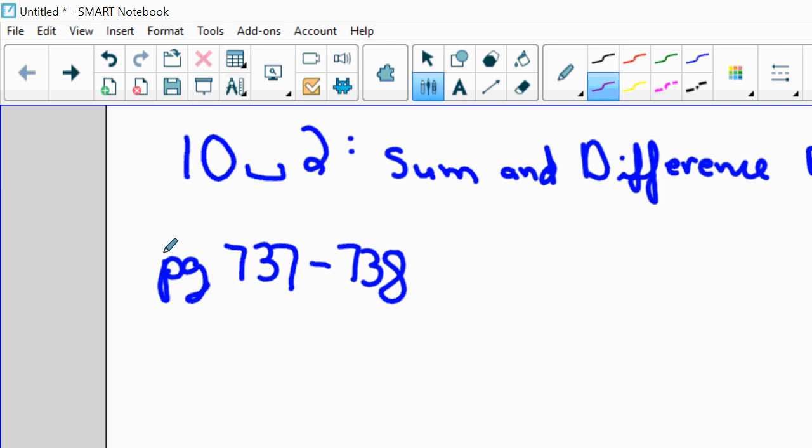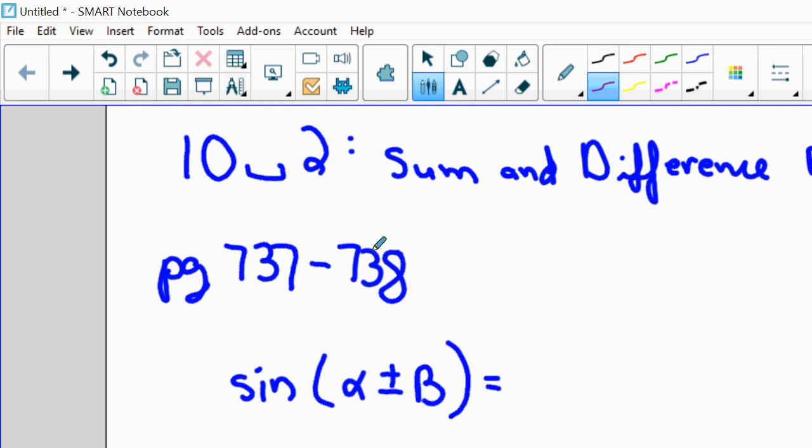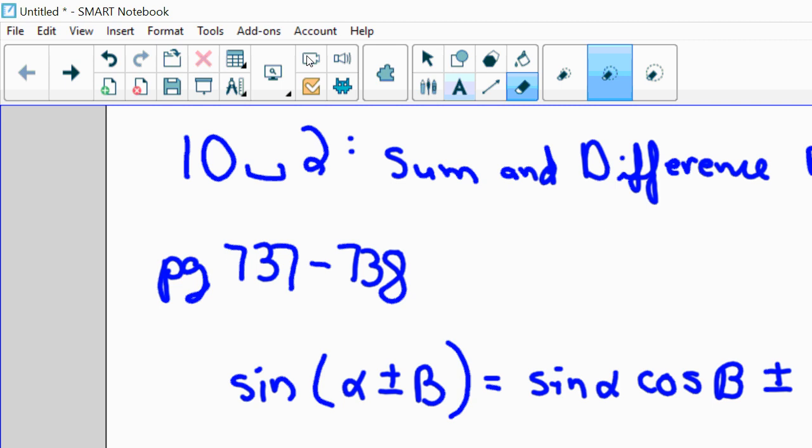So here we go. Sine of alpha plus or minus beta, these are two formulas, is sine alpha cosine beta plus or minus sine beta cosine alpha.